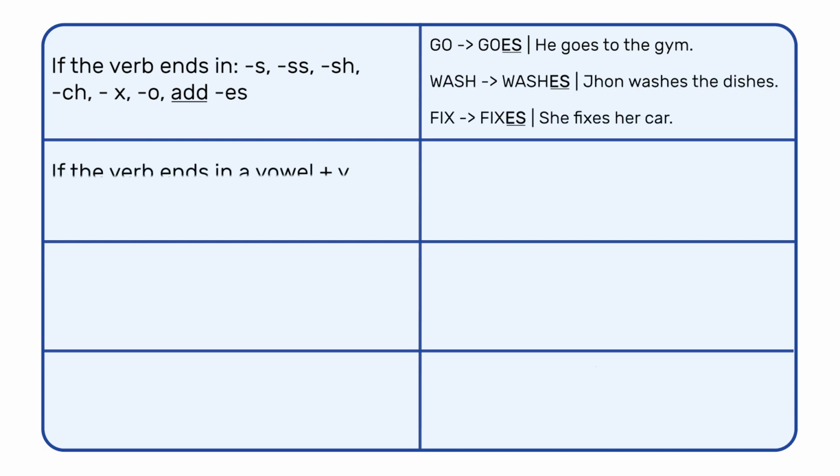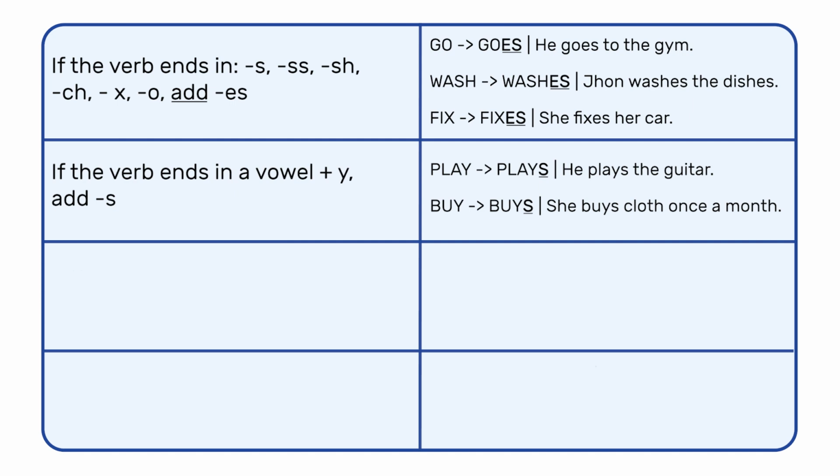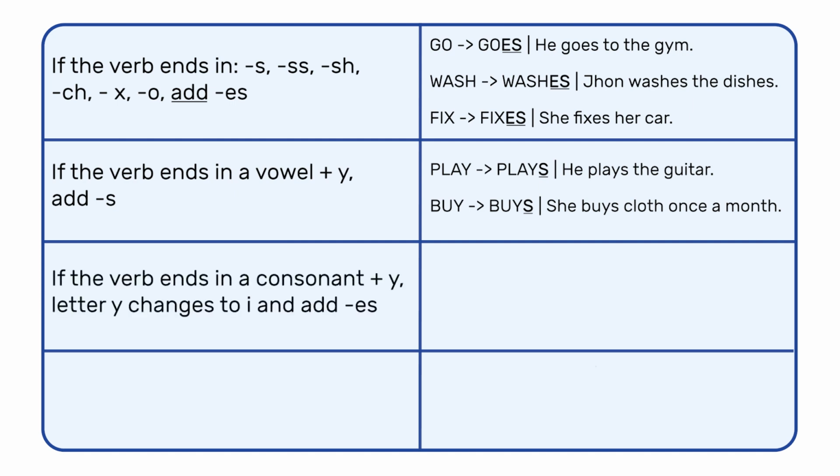If the verb ends in a vowel plus y, we are going to add s. For example, play, plays. He plays the guitar. Buy, buys. If the verb ends in a consonant plus letter y, change to i, and we are going to add es.